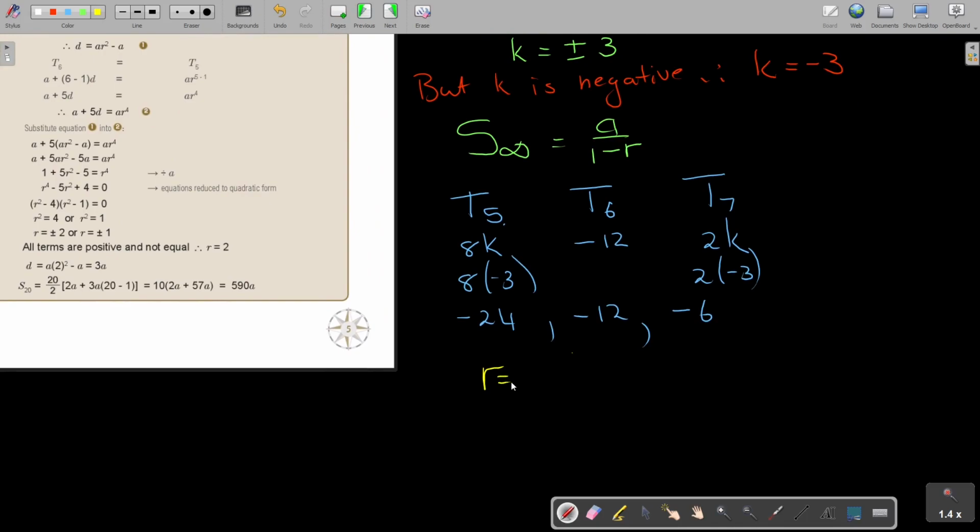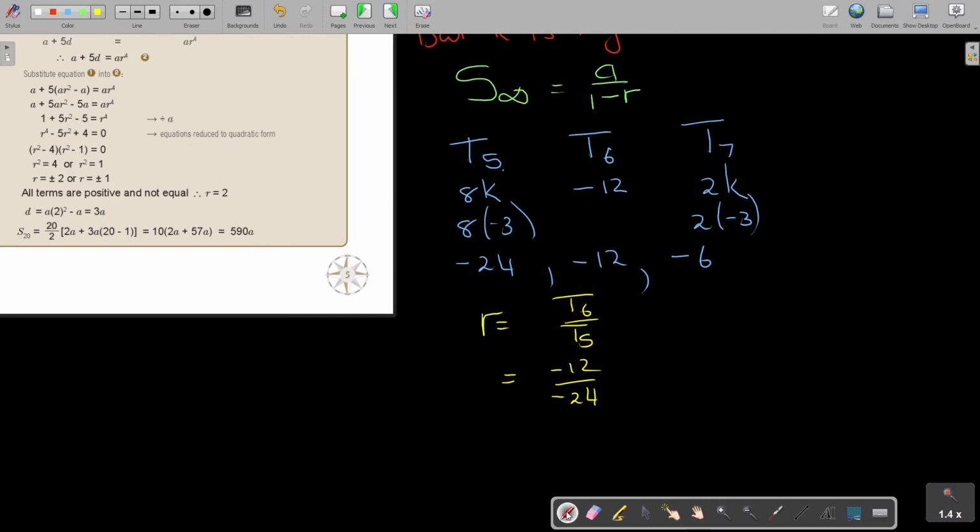So to get the value of r is not a problem. So r can be T6 over T5, which I already have there. I could have already, because I worked it out there, but it's fine. Let's just do it. It's going to be negative 12 over negative 24. So the value of r is going to be a half. And now I want a. So take T5.